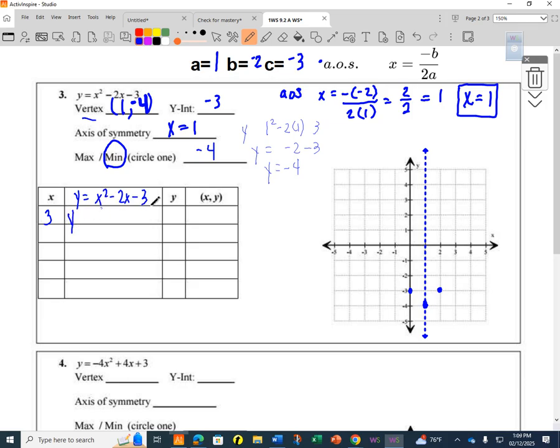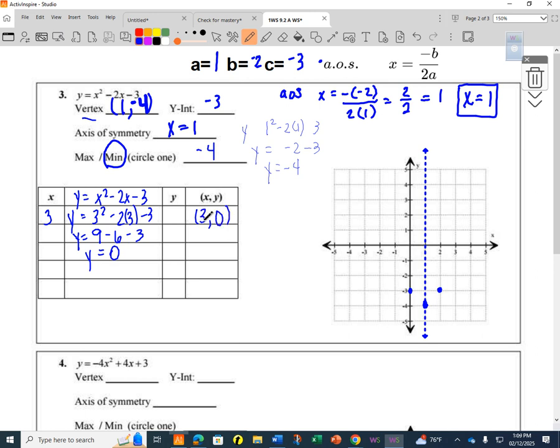So the y value when x is 3, we know the ordered pair is going to be 3, something. 3 squared minus 2 times 3 minus 3, so y equals 9 minus 6 minus 3. So actually our y-coordinate for this ordered pair is 0.